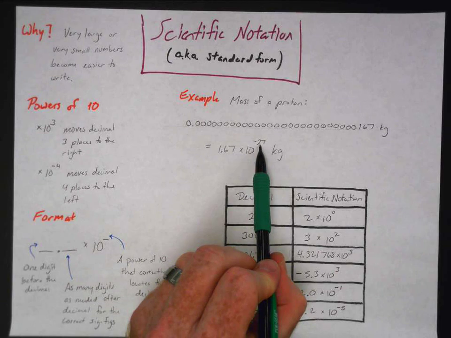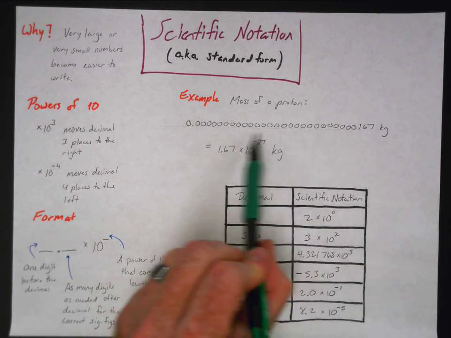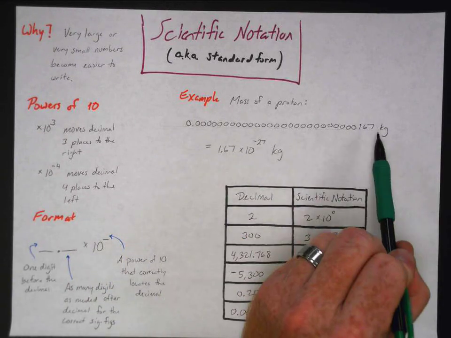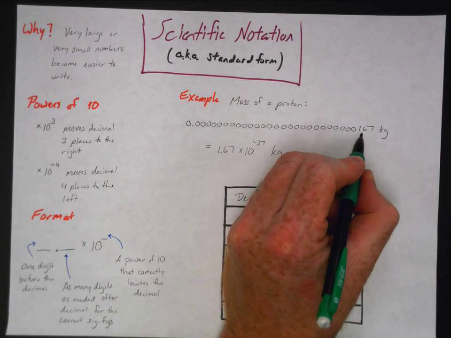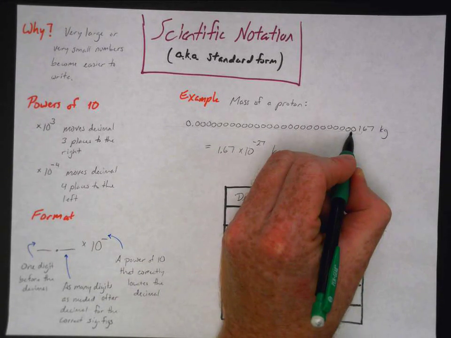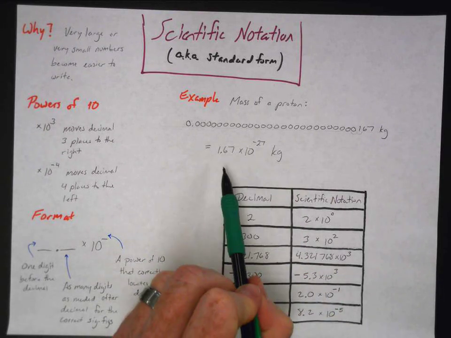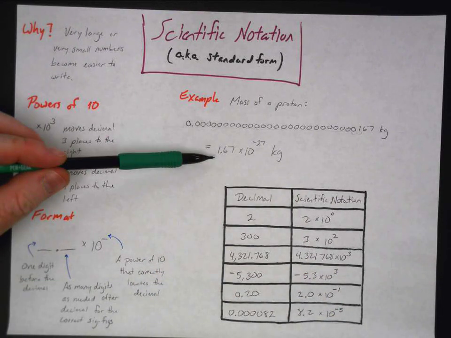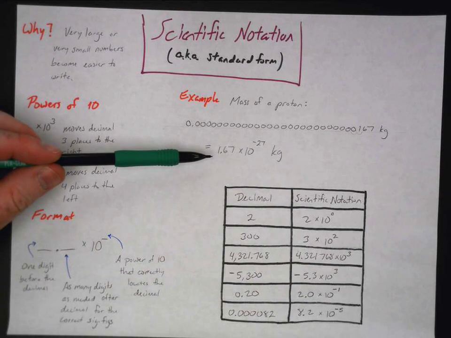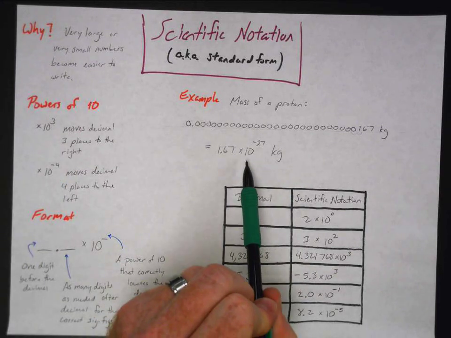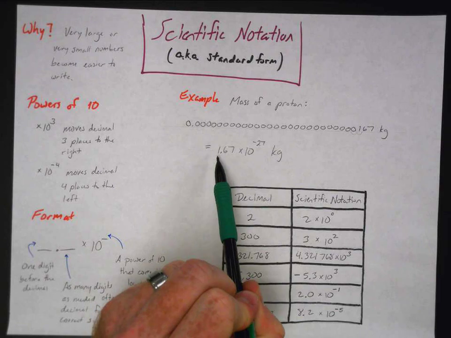So we have a 27. So negative means to the left, and 27 means 27 places. And you can count them. 1, 2. I'm not going to do the whole thing. You can do that. But that's what's going on with scientific notation. Look how much easier this is to write, how much faster this is. And if you do it this way, it's easier to keep track of this.